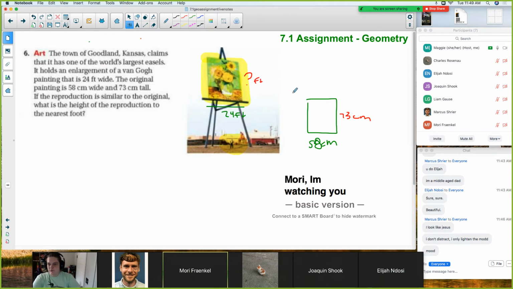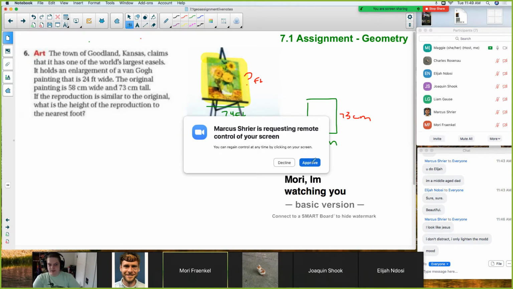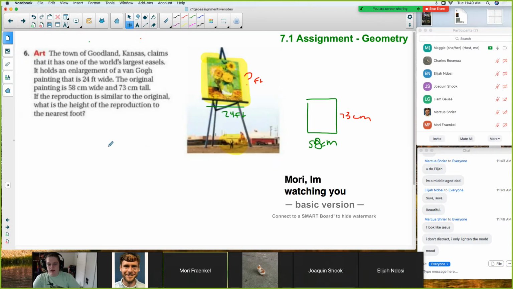All right, so that means that these are, I assume, rectangles. And so thinking about a proportion that would happen here, I could do the heights on top, and then I could do the width on bottom, and then I would make a column of the statue, and then the original.